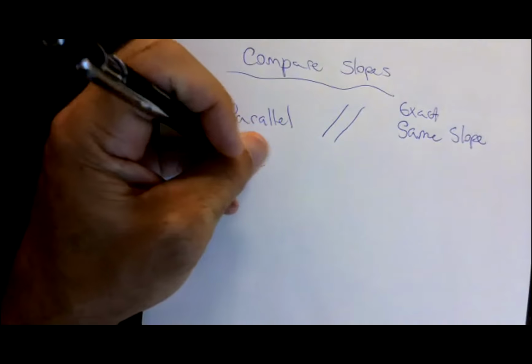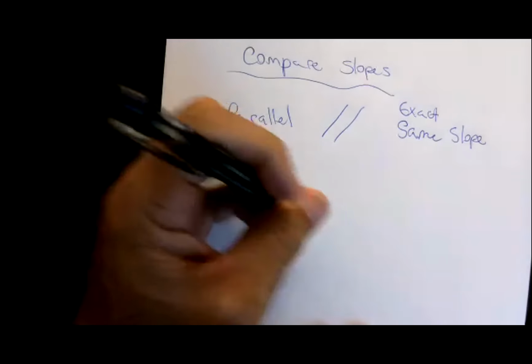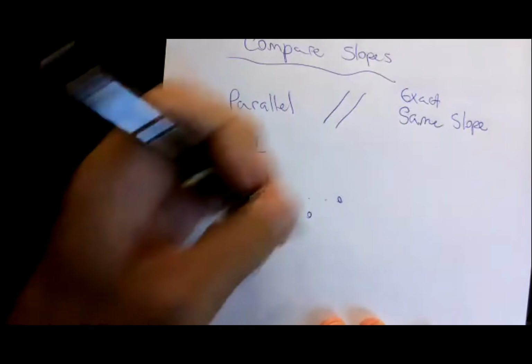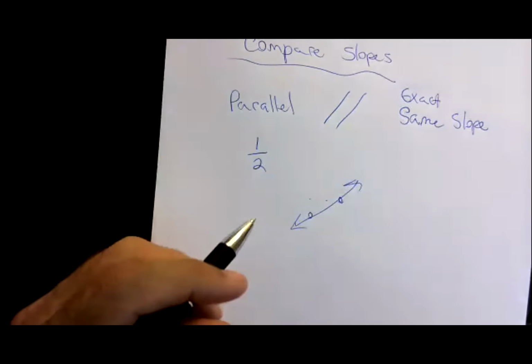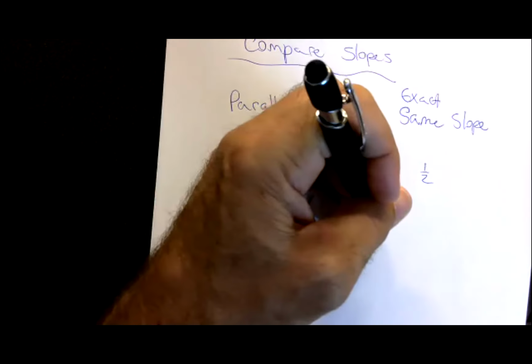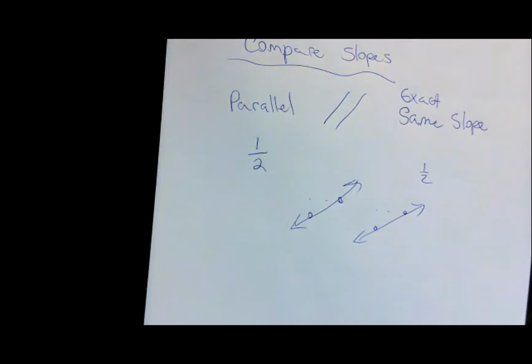So if a line has a slope of 1/2, which means it's going to rise 1, run 2, and another line also has a slope of 1/2, meaning it's going to rise 1 and run 2, then those two lines are going to run side by side forever.